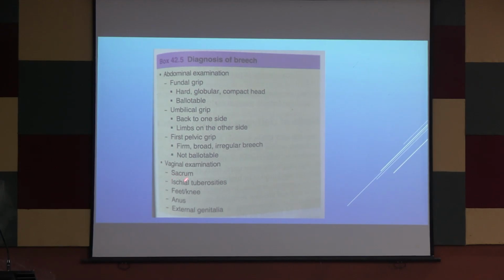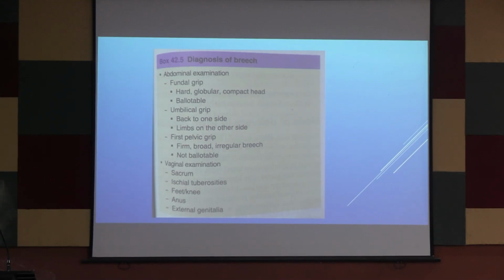In vaginal examination, if there is dilatation of the cervix, we can feel the sacrum and ischial tuberosities, or foot or knee. In case of frank breech or complete breech, the anus may be felt.